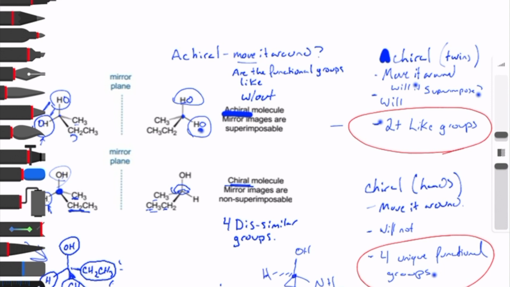Okay? And if you have 4 different groups that are unique, that is definitely going to be a chiral molecule. Okay? I think that's all I have for now for this episode. It's just a brief introduction on chirality.